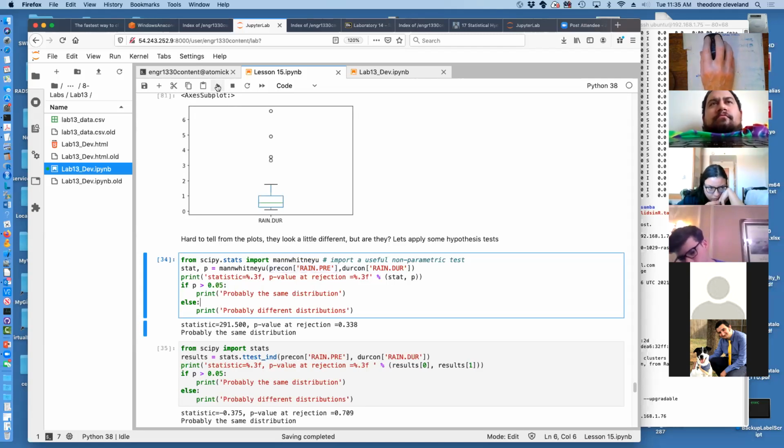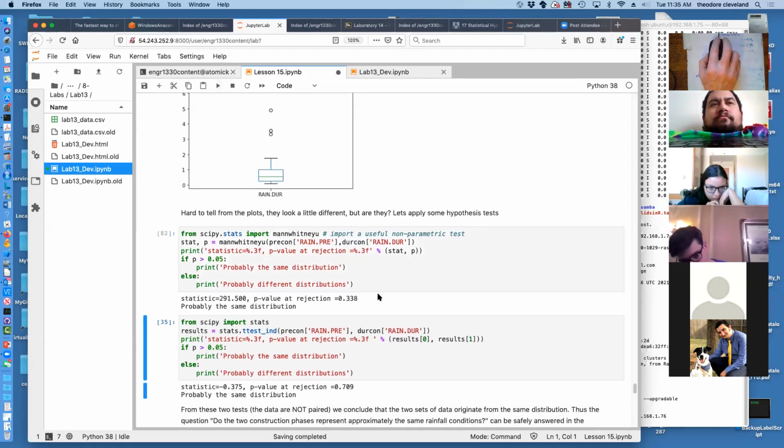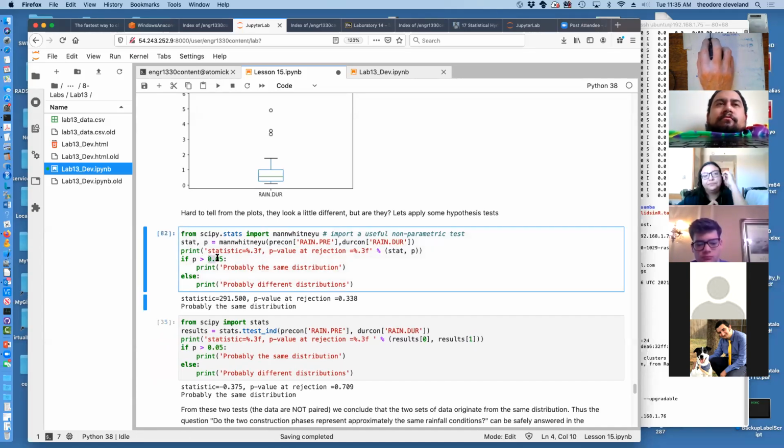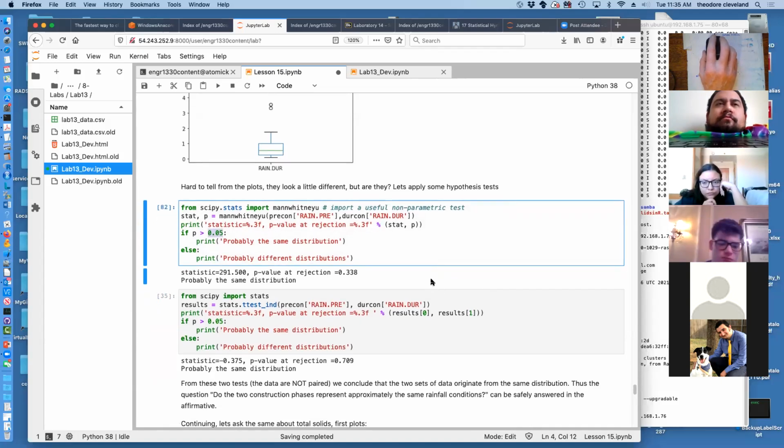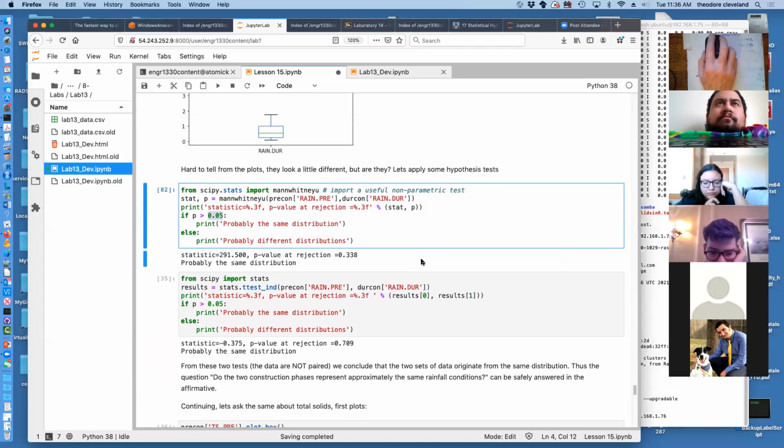And notice we've never even looked at the Mann-Whitney code. This one concludes that these are probably the same distribution. Not super strong. The probability of sameness is at about the 34% level, but certainly well above our alpha rejection value.